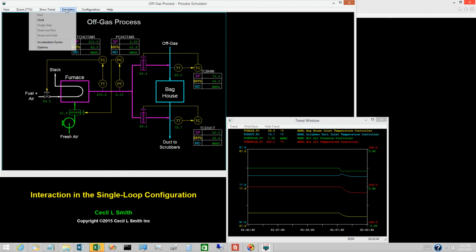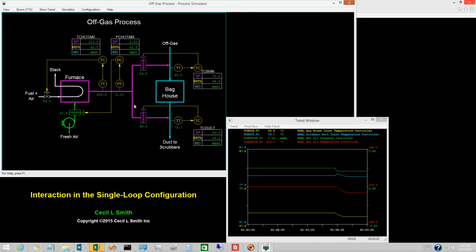Then we place the simulator on hold. Opening the hot air damper increases the hot air flow to scrubber duct inlet. Initially, this increases the scrubber duct inlet temperature, the cyan pin, but this is a transient effect.